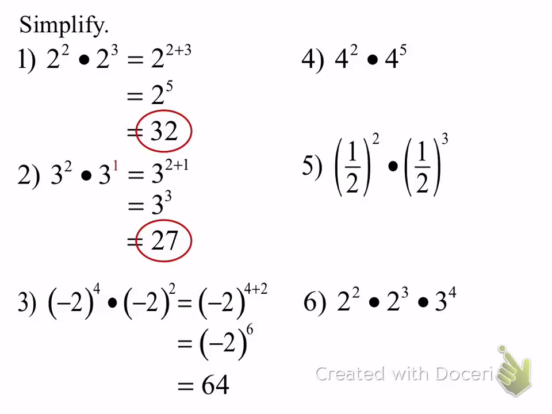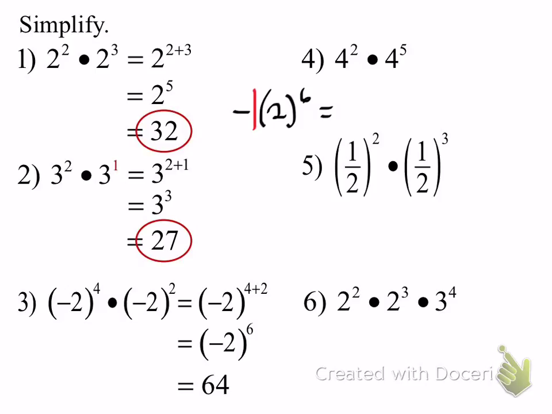Now, if that negative were outside, and it was looking like this, it would mean the same thing as this. What is the base of the exponent? Only what it's touching, and it's only touching the parenthesis. So only the 2.